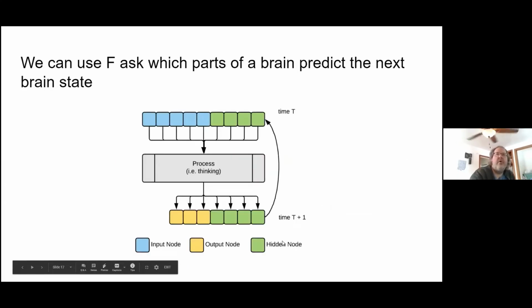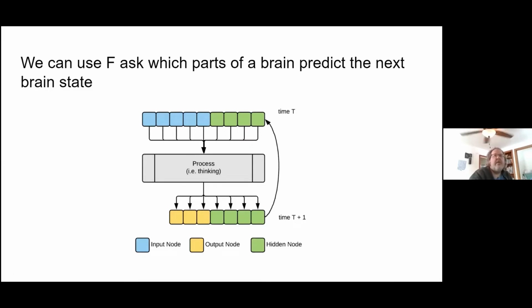All right, now that we have these fragmentation matrices, we can ask about what parts of a brain predict the next brain state. So if we think of the inputs and the hidden as the current brain state, well, actually we should look at the output and the hidden as a current brain state, but we get the inputs.